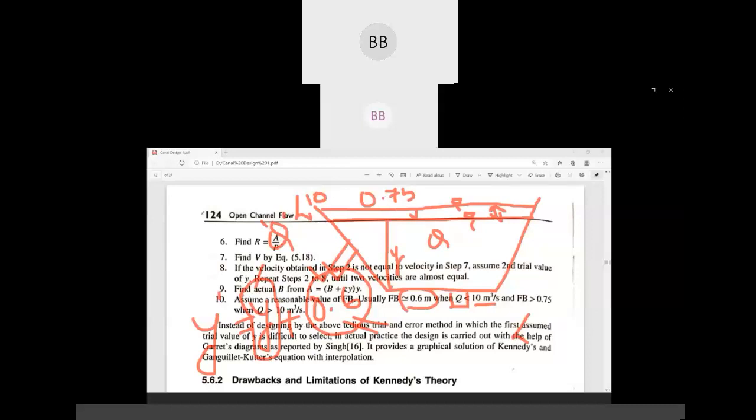If it is greater than 10 meter cube per second, we are going to provide 0.75, or you can say more than 0.75. So this is our last step, the 10th step: we have to provide freeboard, or sometimes we also consider 25% of that y as freeboard.